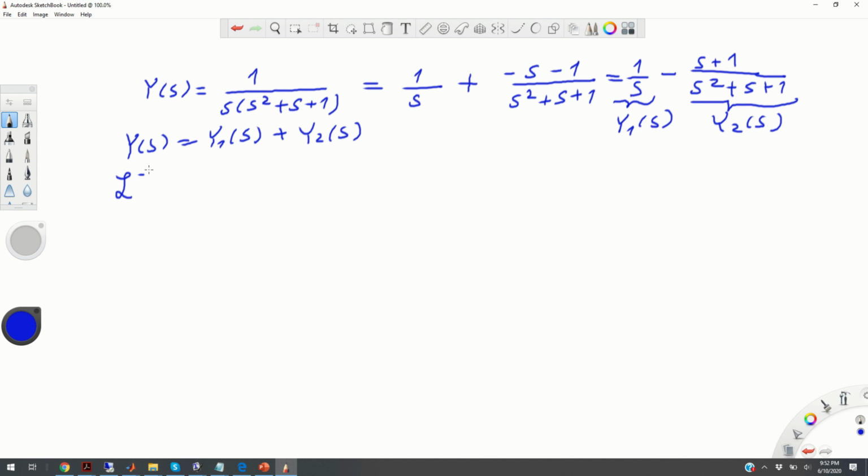Consequently, the inverse Laplace transform of Y of s is equal to the inverse Laplace transform of Y1 of s plus the inverse Laplace transform of Y2 of s.